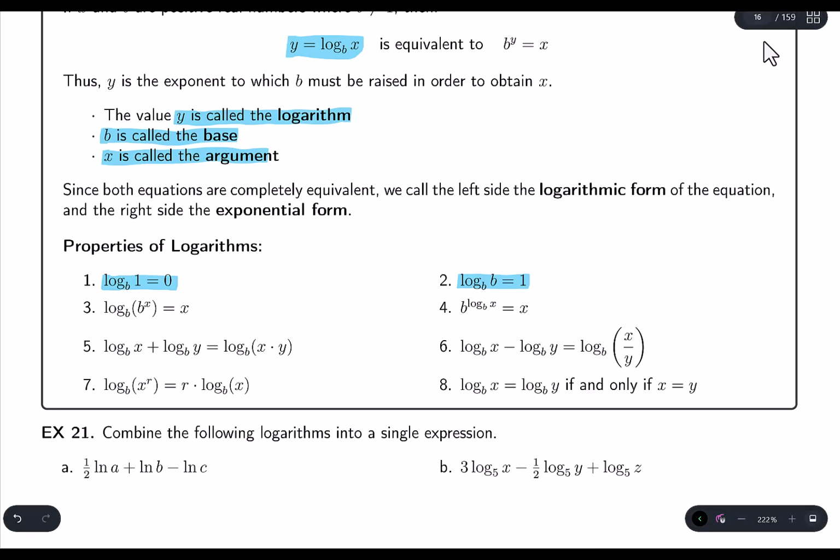Now, why is that the case? Well, a logarithm is always equivalent to a similar exponential expression. So for instance, log base b of x equals y is equivalent to the base raised to this value y equaling the argument. So it's kind of a mapping.